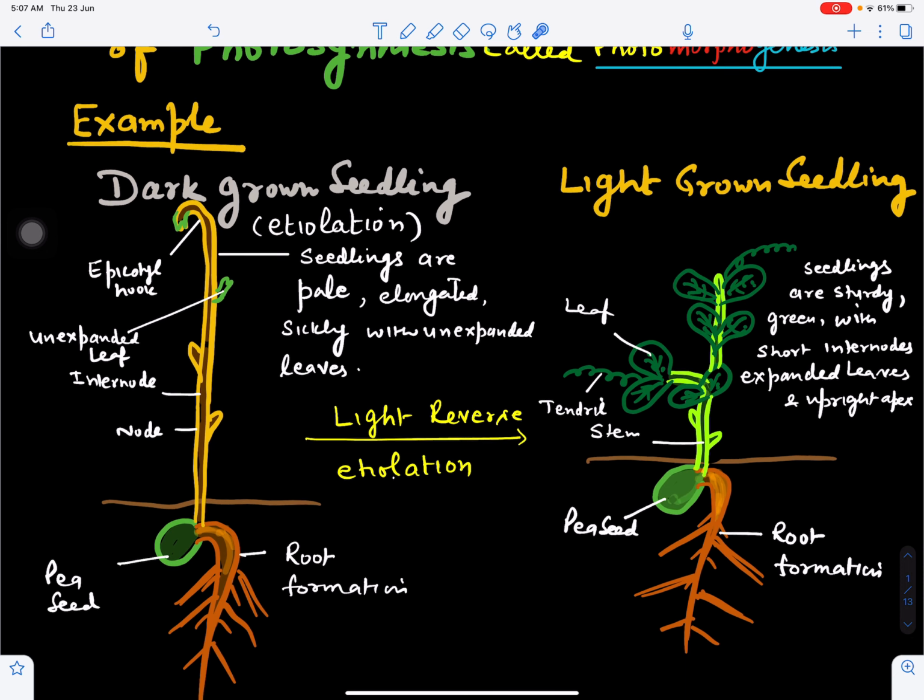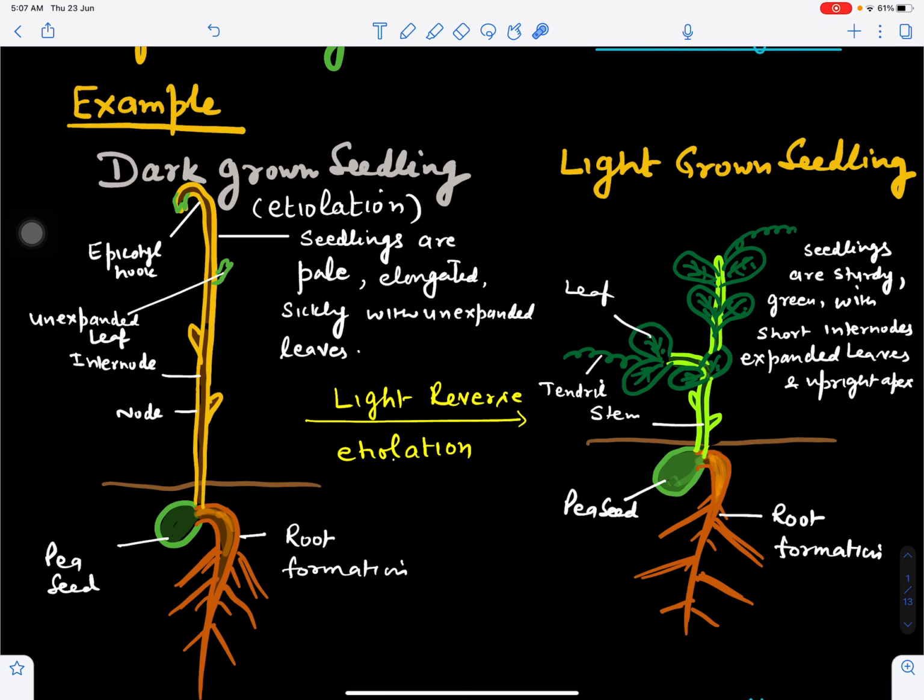For example, if we grow seeds in the dark, they will germinate to form seedlings, and such seedlings are called dark grown seedlings. And we will see what the external characters or morphology of these seedlings are. Like this is the pea seed, this is germinating, and this is its root system, and this is the stem.